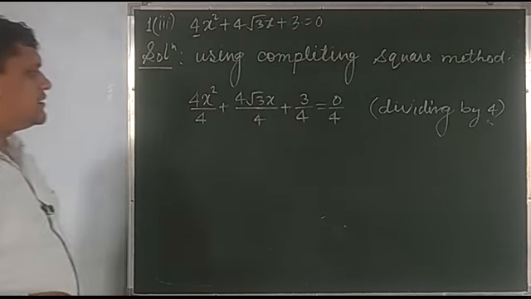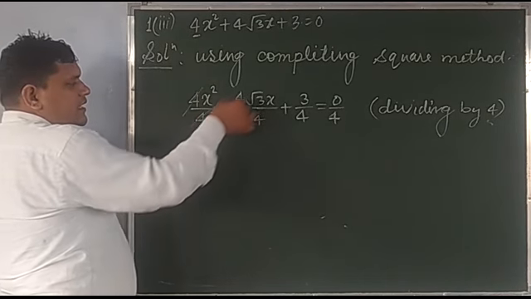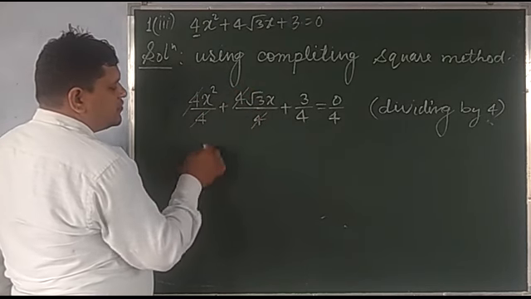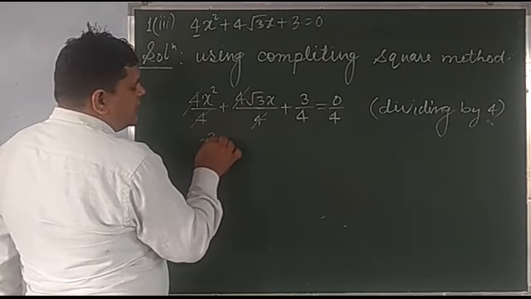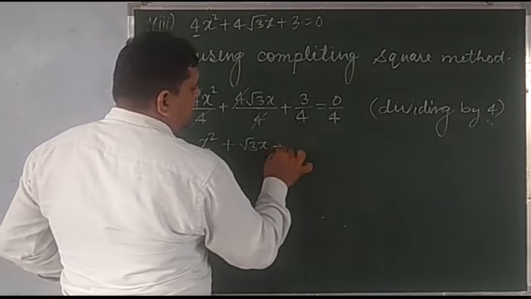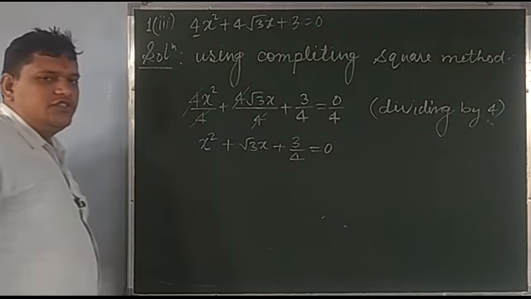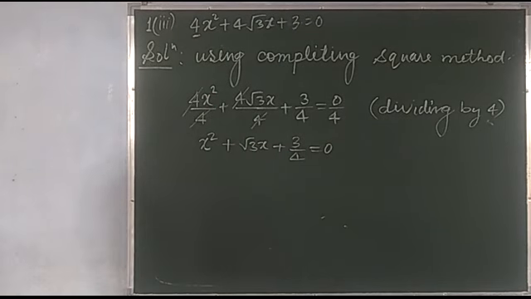So this 4 and this 4 will cancel out. Here this 4 and this 4 will cancel out. So you will get x square plus under root 3 x plus 3 upon 4 is equal to 0, because 0 upon 4 is 0.